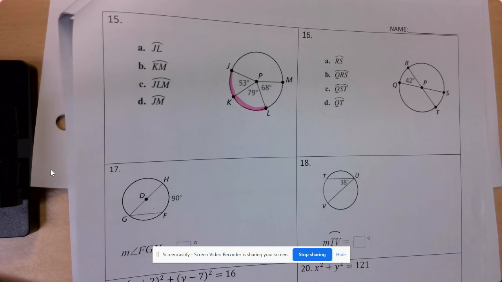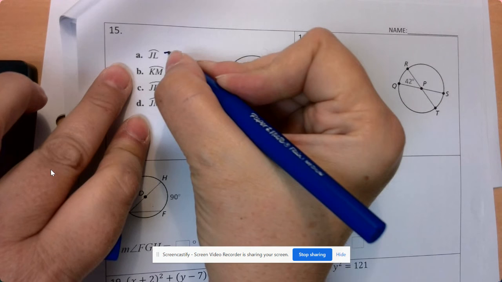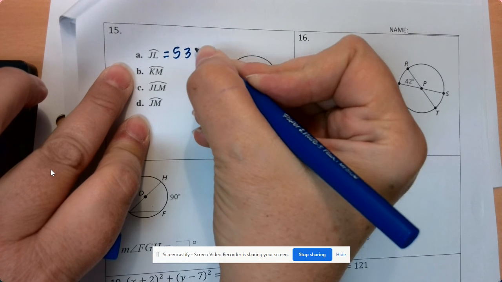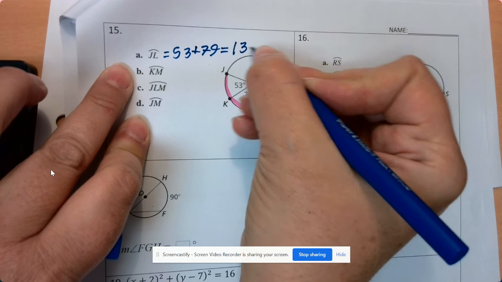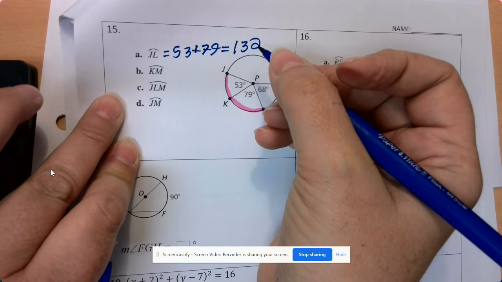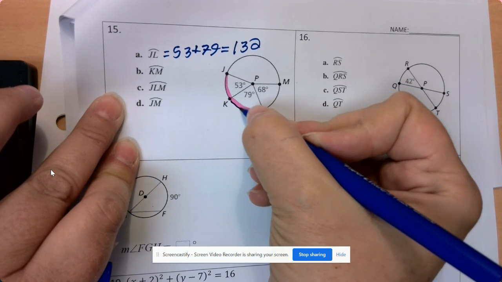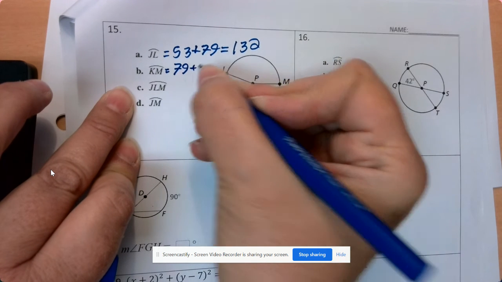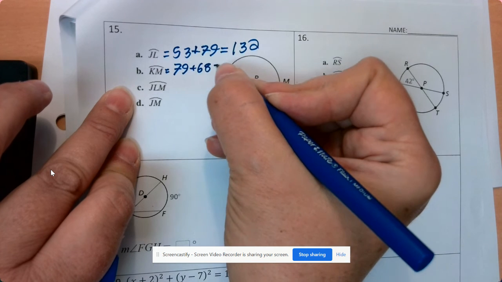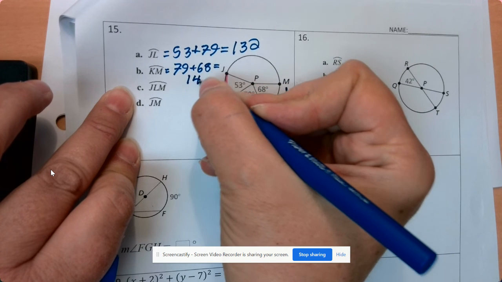I'm going to go 53 plus 79 to get 132. And then for KM, it's going to be this one. So 79 plus 68 is going to give us 147.